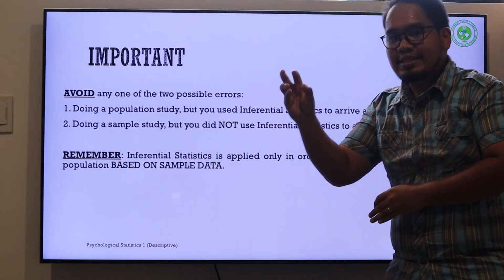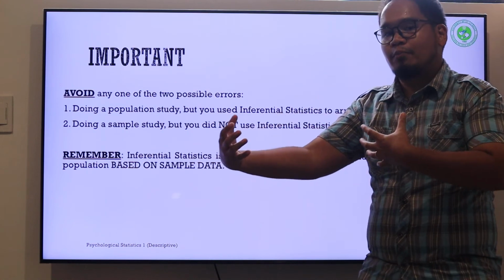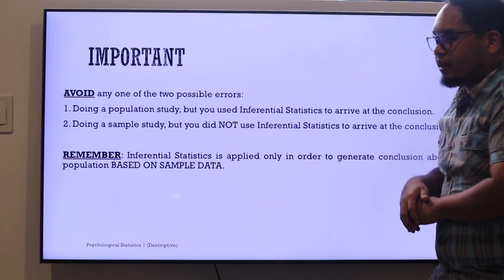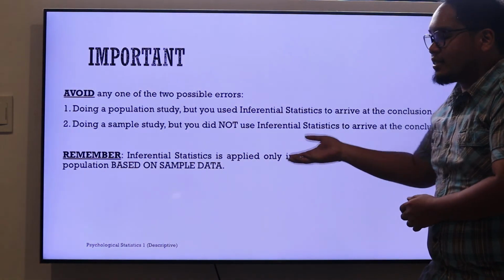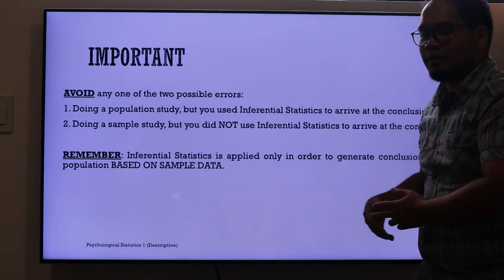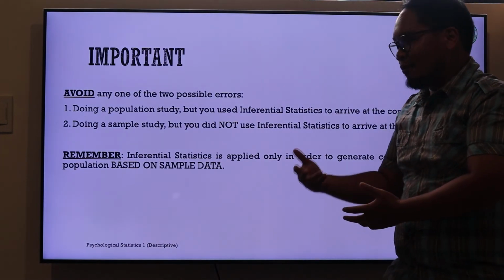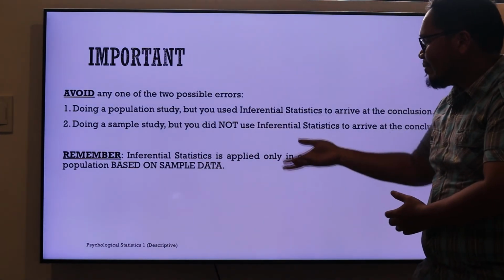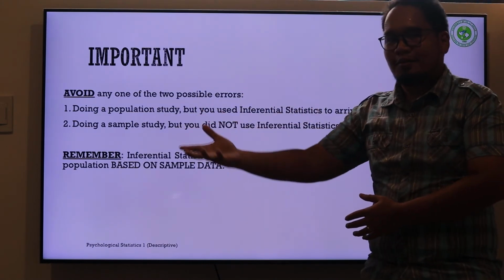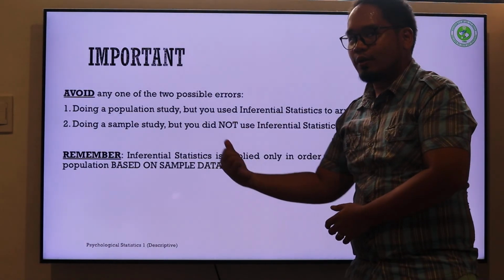Hence, if you are representing your big population with a sample, it is a must that you use inferential statistics, or else it will be faulty. All your results would be based on the sample, but in the first place, it's the population that you want to study, right? Why use inferential statistics? Because it's a must to reflect whatever result you have back to the population. So it's a must when you're doing a sample study.